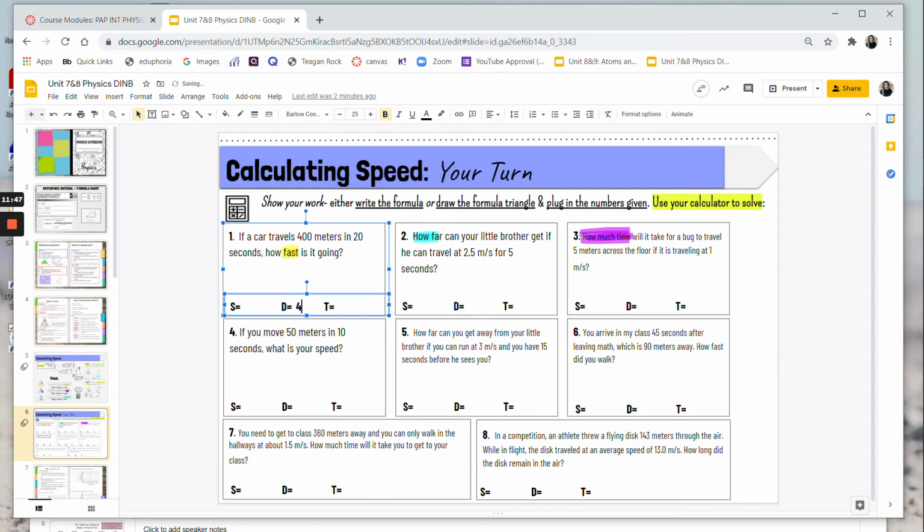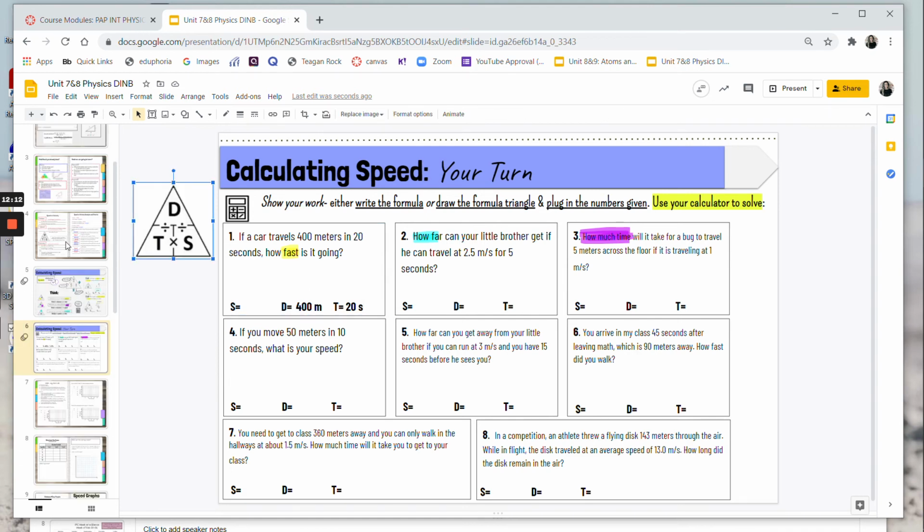So distance is 400 meters. My time is 20 seconds. Okay, I'm looking for speed, so I do distance divided by time, and I'm actually going to pull over a triangle if I can and have it up here so we can see it at the same time.